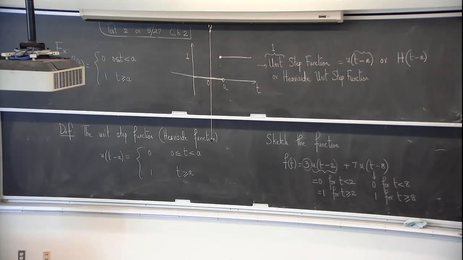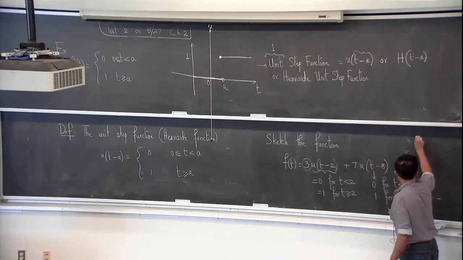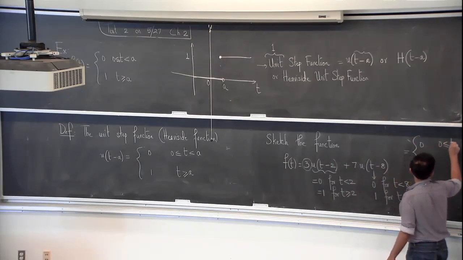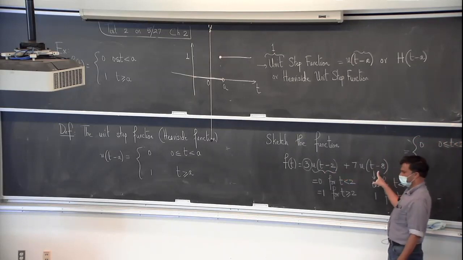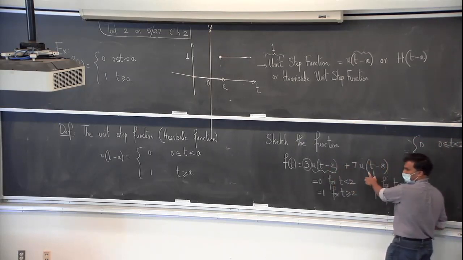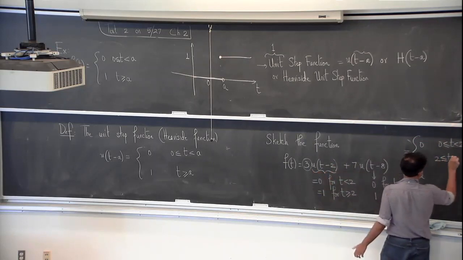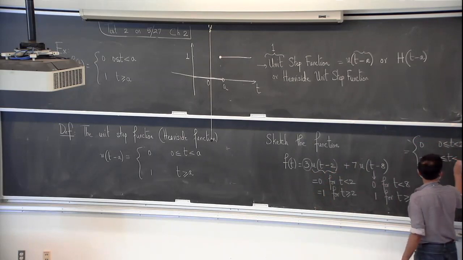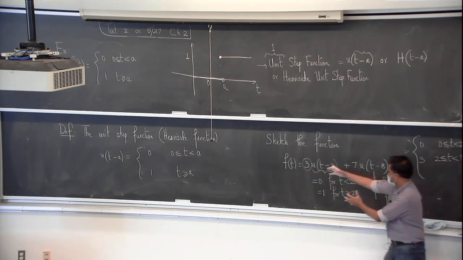When you do this for the first time, it's nice to clearly write it in pieces. So it's equal to 0 for t less than 2, because both switches are off. This is switch 1, that's switch 2, both are off. Then the first switch is turned on, the second one is off. That's going to be 3 for 2 less than or equal to t less than 8, because this is on, this is off.